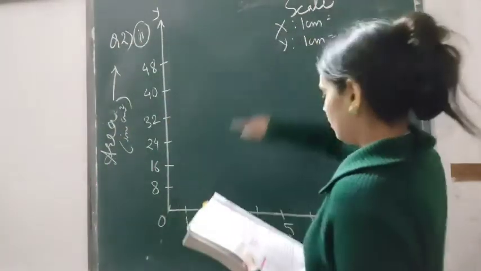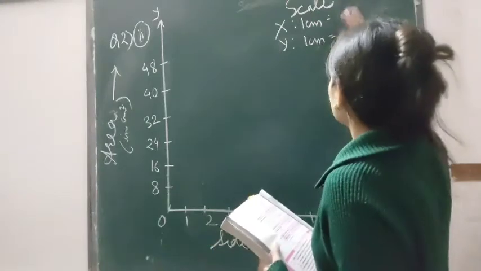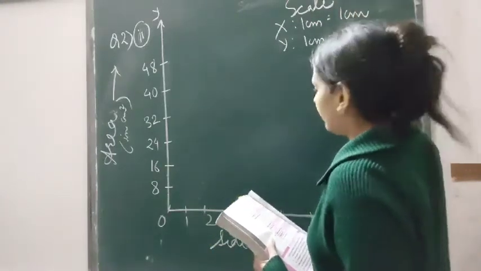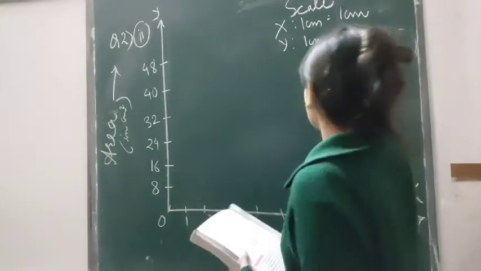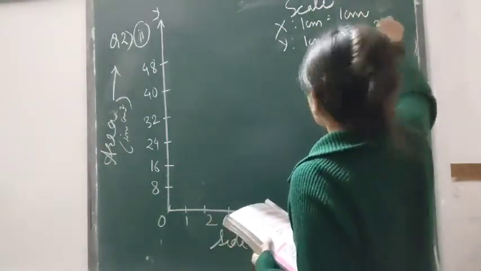Scale: 1 centimeter is equal to 1 centimeter only, and here 1 centimeter is equal to 8 centimeters square.